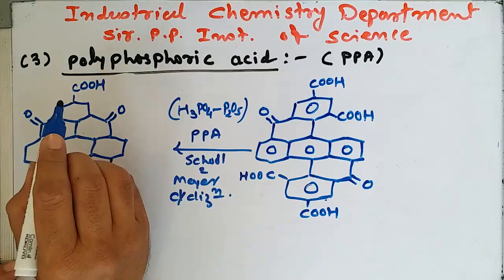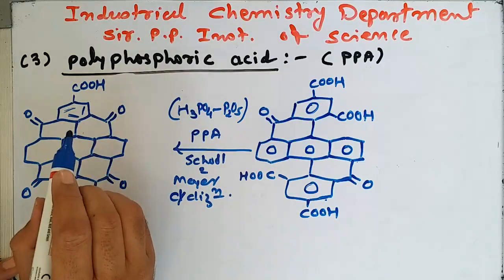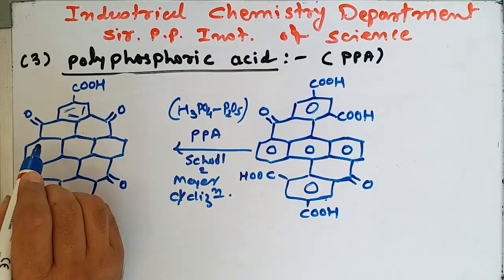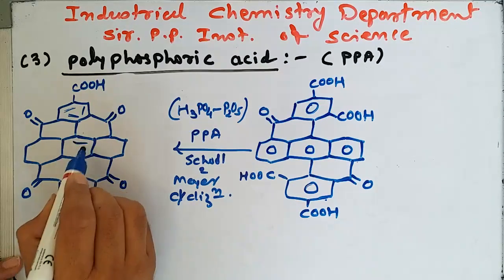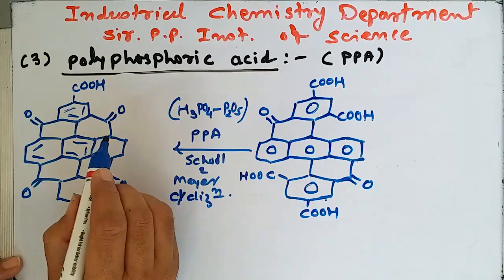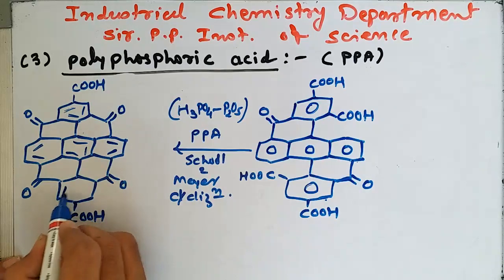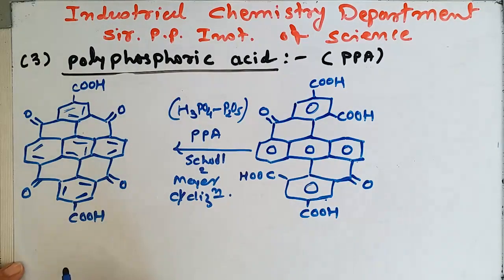If the double bond is not given in the ring, then this compound is written like this. This is a dicarbocyclic compound.